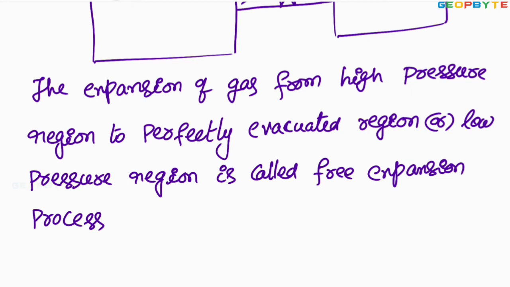Similarly, in the pressure cooker, by the time you are boiling the rice, after some time the steam is trying to escape from the pressure cooker to outside without any restriction. Such kind of expansion of the steam from the pressure cooker to outside is called free expansion process.